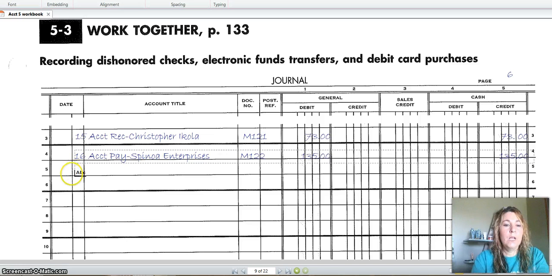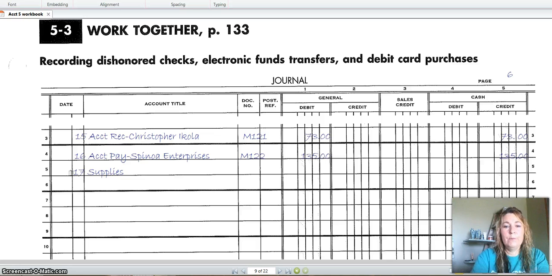Okay. The next one says on March the 17th, we purchased supplies for $31 using our debit card, memorandum 123. So this was on the 17th. We purchased supplies. Supplies does not have a special column, so we're going to write supplies. We don't have a check number.